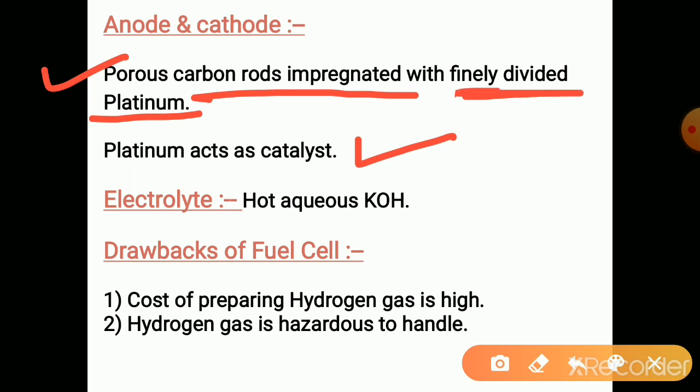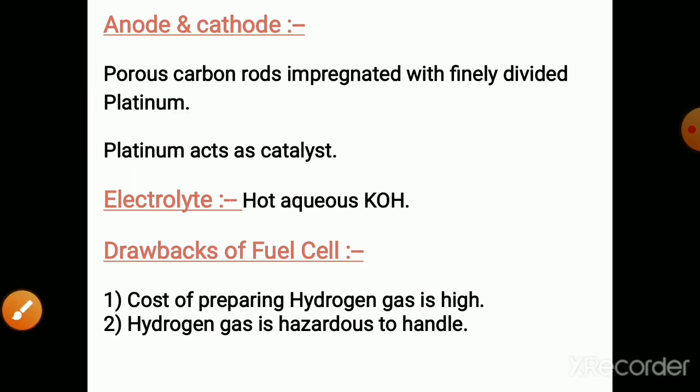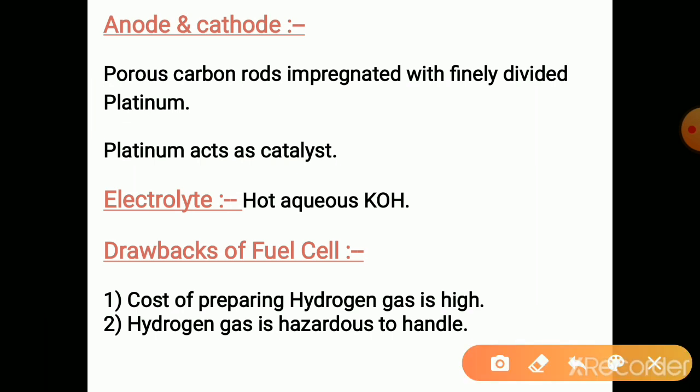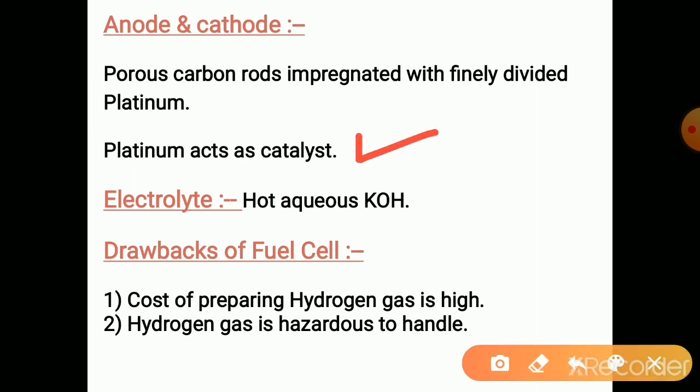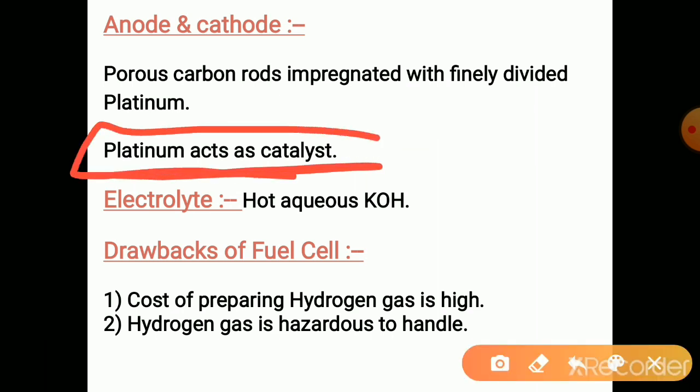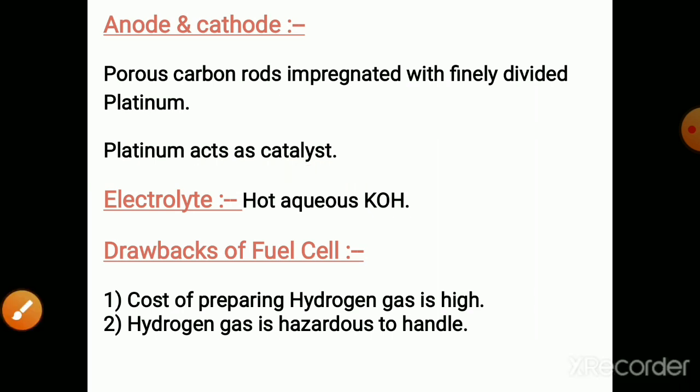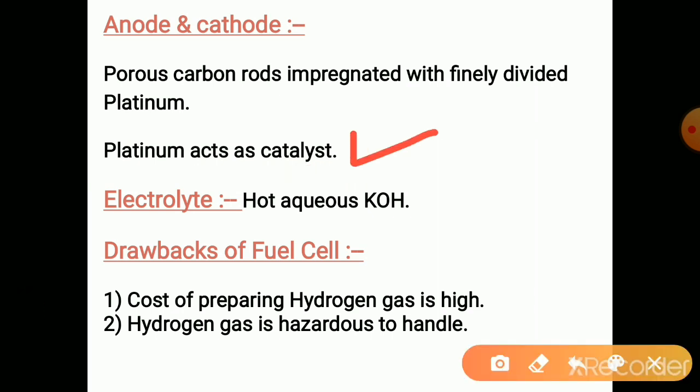Finely divided platinum catalyzes the reaction at a faster rate. Because it is finely divided, the surface area increases, so the rate of the reaction increases. It provides the surface area for the reaction to take place. Platinum does not take part in the reaction. It acts as a catalyst.